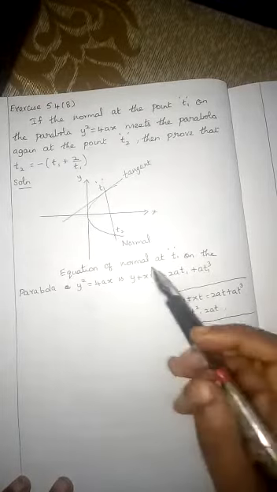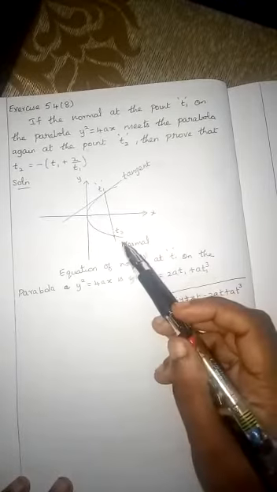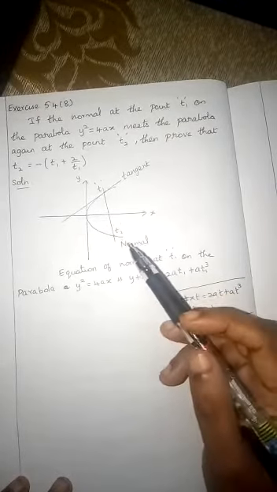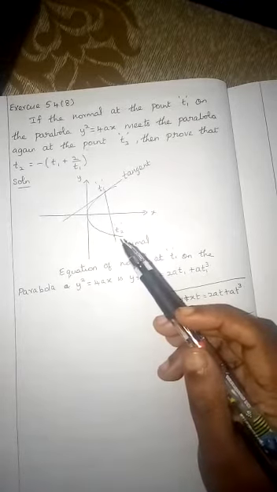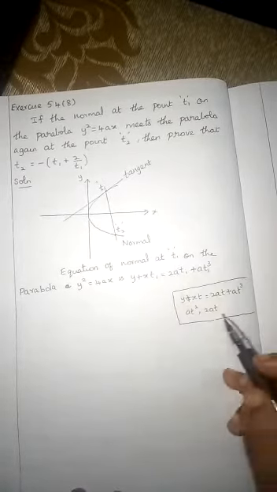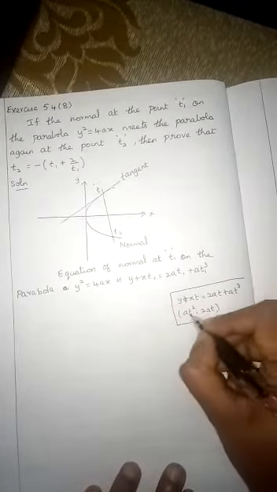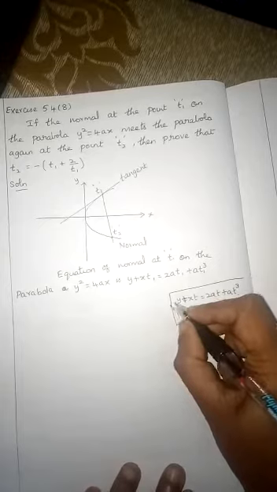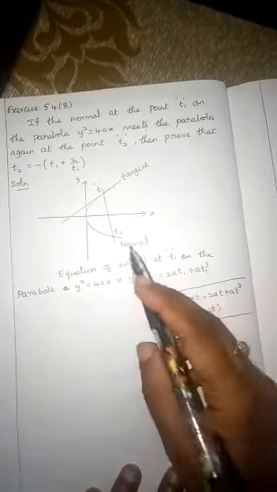And now you see this normal, this is the equation of normal, and this normal passes through the point t2, isn't it? Any point on the parabola can be denoted as t. And that point, the coordinates of that point will be like this, at square comma 2at. Okay, any point on the parabola can be denoted as this t, and it is at square comma 2at. Here instead of t we are taking t2.